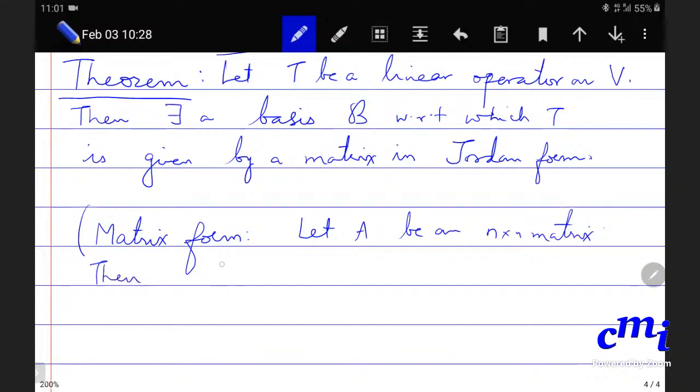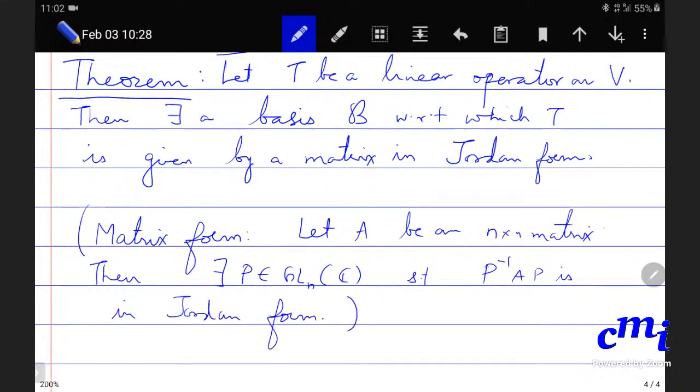Then there exists P inside GL_n(C), an invertible matrix, such that P inverse AP is in Jordan form. So this is a matrix similar to A; this is the one that corresponds to change of basis. These two statements are equivalent.